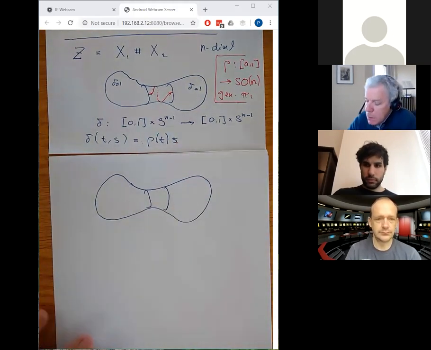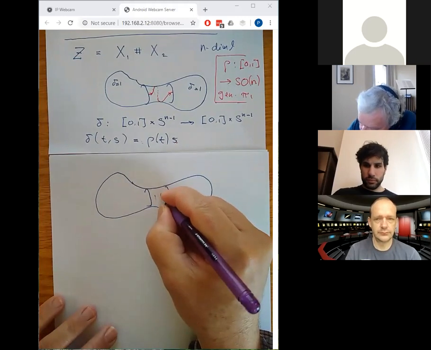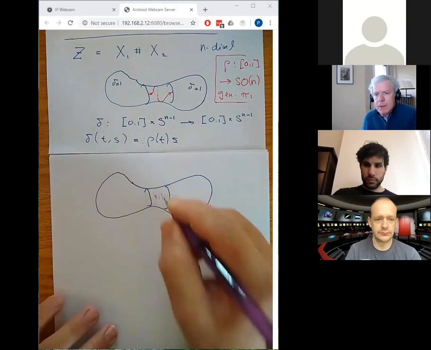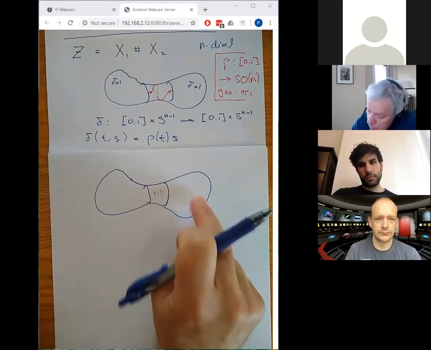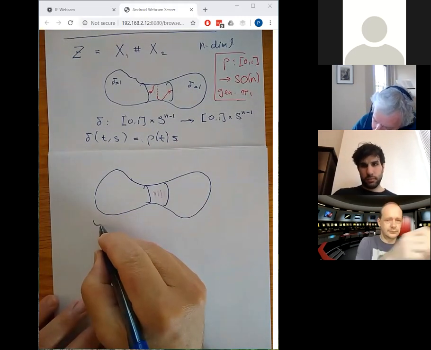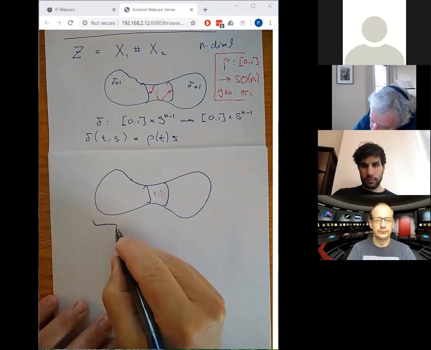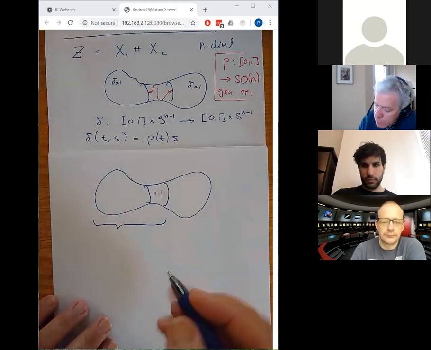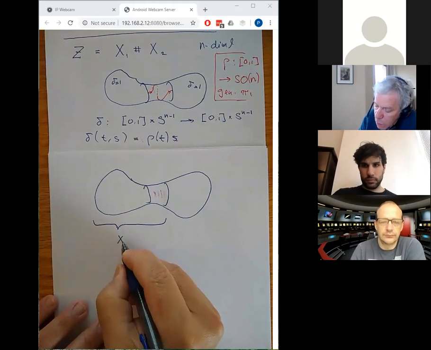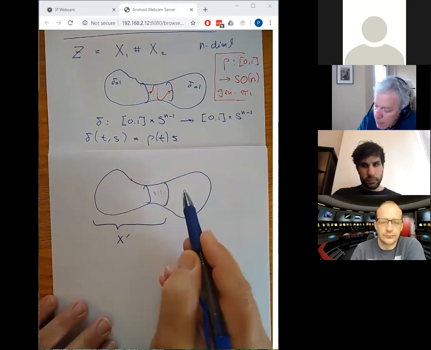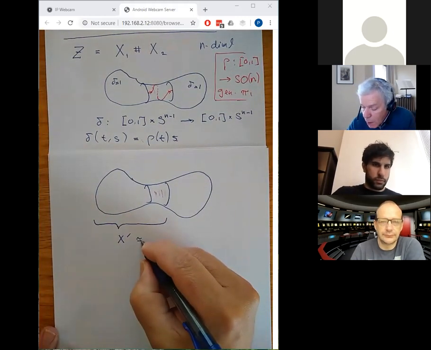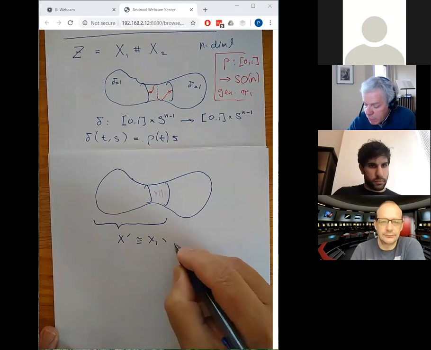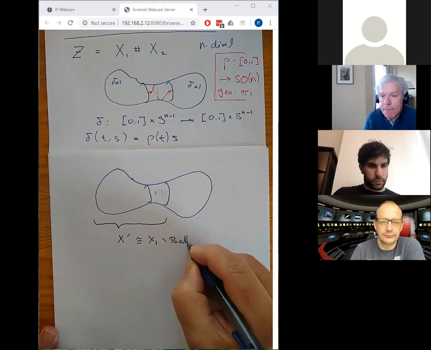So the Dehn twist diffeomorphism is kind of supported in here. And if this side is X1 and this side is X2, let me look at this piece, X prime. So that's all of this side and including the neck up to this boundary here. So that's really just a copy of X1 minus the interior of a ball. Right? That's what that is.